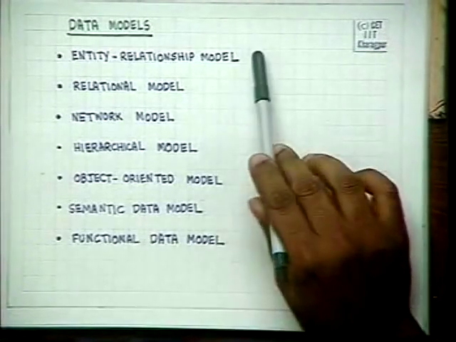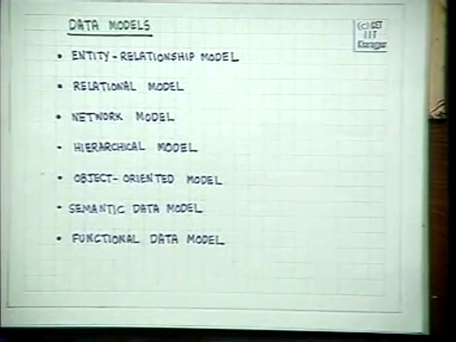These models are not so much directly related to the implementation aspect. It is a very logical and a very high level view of the structure of the database. It is later on going to be translated to a lower level model.